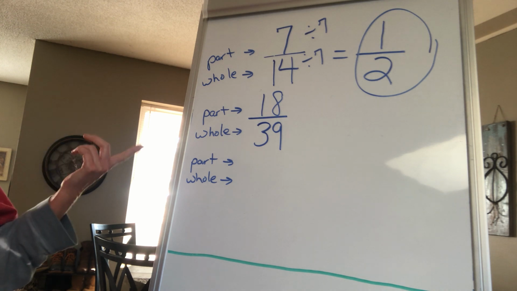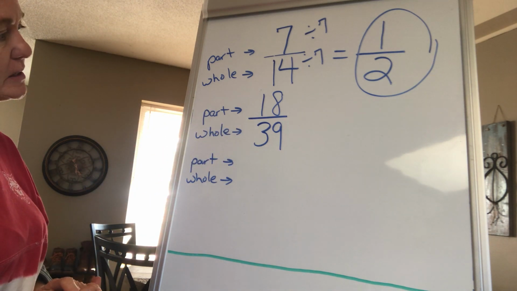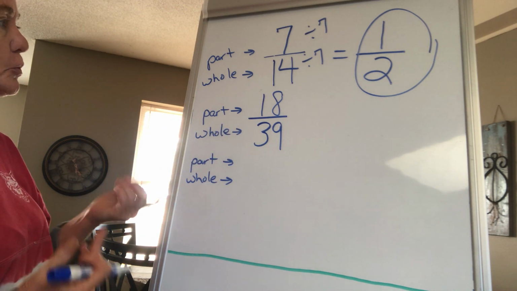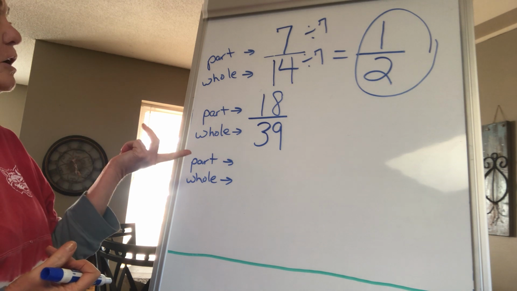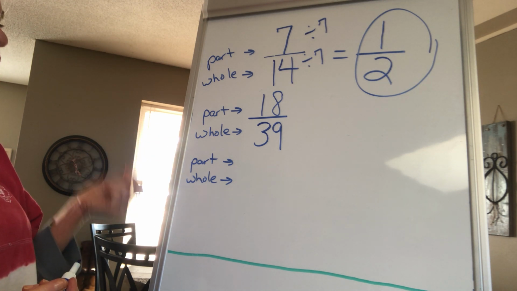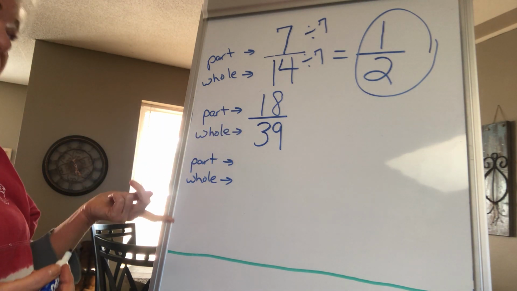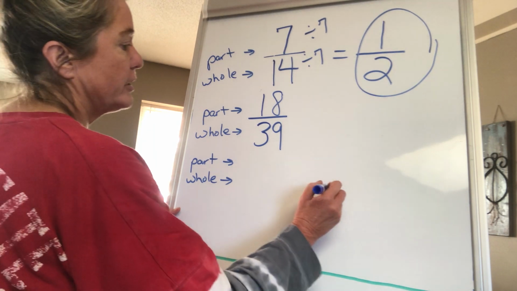Well, I know it's not 2, because 39 is not an even number, so it's not divisible by 2. So 3, I know 3 will go into 18 6 times, so that works. I wonder if that'll work for 39.